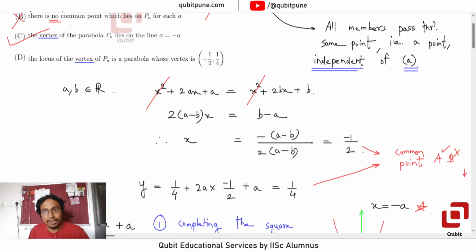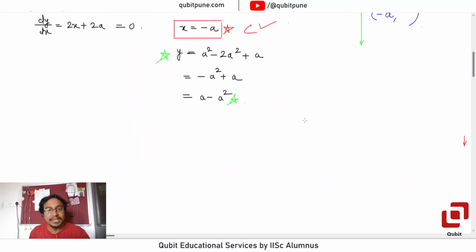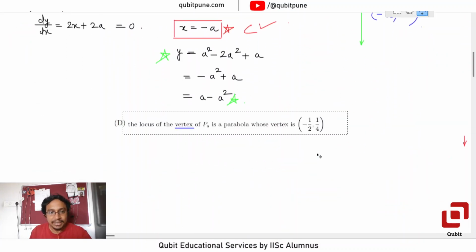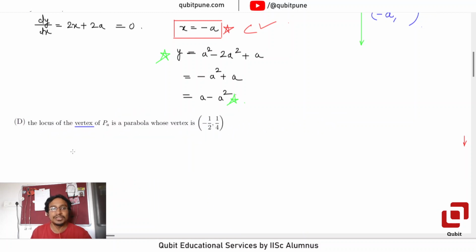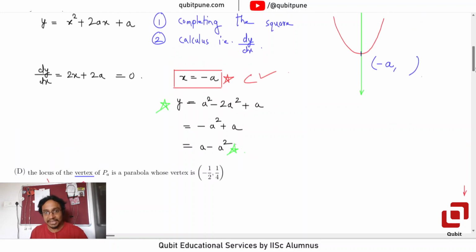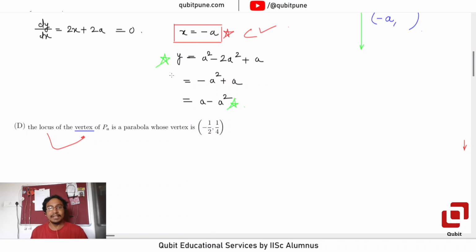Although, as we said earlier, D is not directly the complement of C, they are related, because now they are asking us to find the locus of the vertex of the parabola. We know the vertex already. X is negative a and y is a minus a squared.